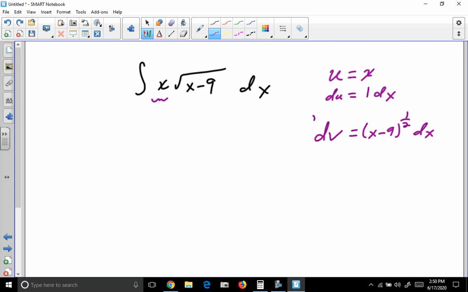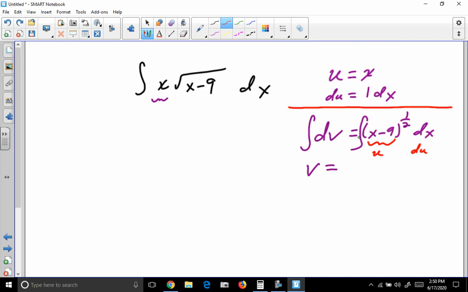So we need to integrate both sides. So v is the integral of that. Well, if this inside part, we normally use the letter u, we don't have to. If that's u, then the derivative of that is just 1 dx. So that would be du.